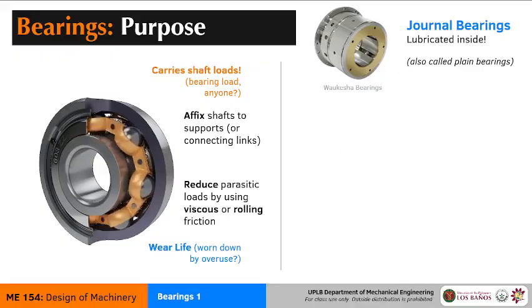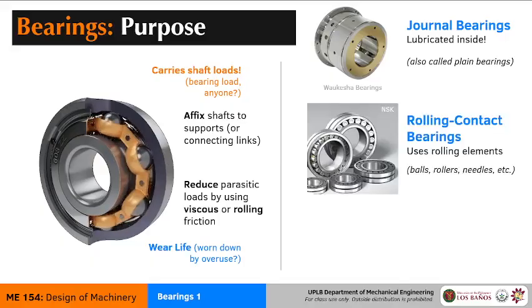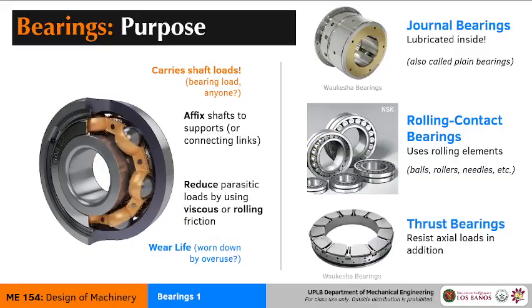The second one, which will be the focus of our two lectures, is the rolling contact bearings. Instead of using oil, you use rolling elements, whether that's balls, pins, and whatnot. As long as they roll, you can use them for rolling contact bearings. For the third, this one is of a different loading type.